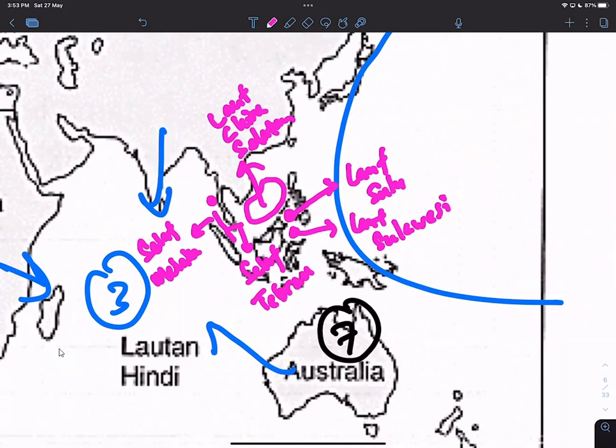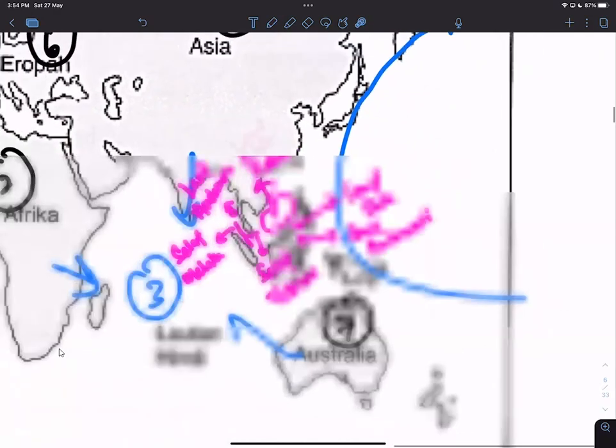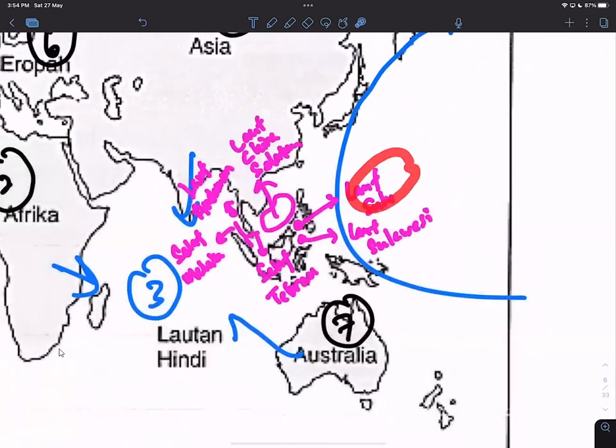Okay, Laut Andaman. So you guys still have Laut Jawa. You have plenty more seas to learn beyond the notes: Laut Sulu, Laut Cina Selatan, Selat Melaka and Selat Tebrau. So we still have 3 more seas to memorize.